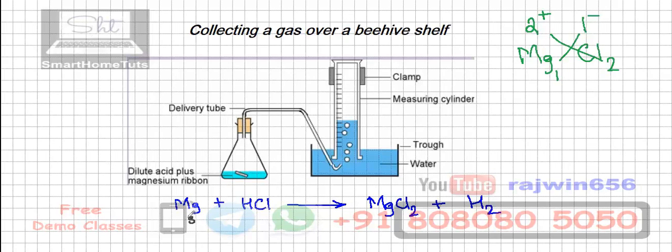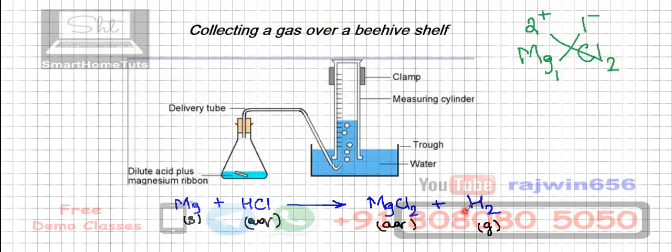Again I'm going to write the state symbols for all of this. Magnesium is a solid. You can see over here the strip of magnesium. Hydrochloric acid is in the aqueous state. Magnesium chloride is also aqueous, and hydrogen is going to be a gas.